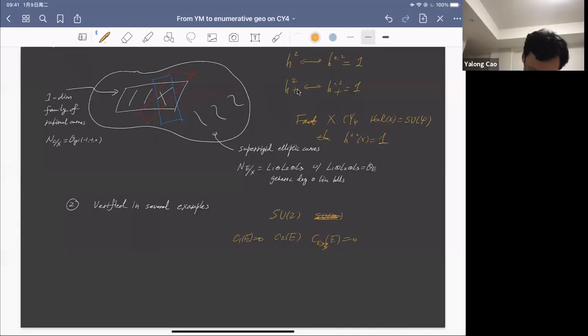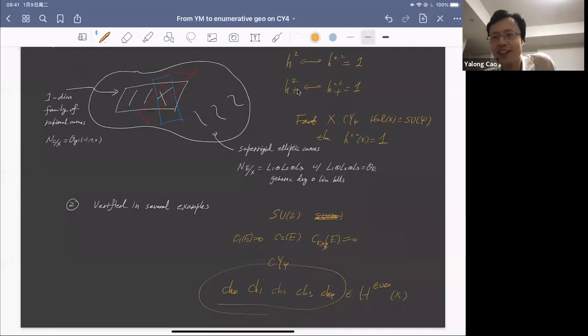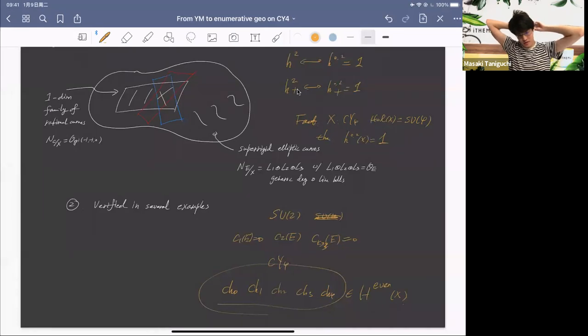But on Calabi-Yau fourfolds, it's different. You have Chern 1, Chern 2, Chern 3, Chern 4, and Chern 0. So this is in H even of X. If you want to say instanton number, you have to fix which Chern character you mean. So it's more complicated because the geometry is more complicated.